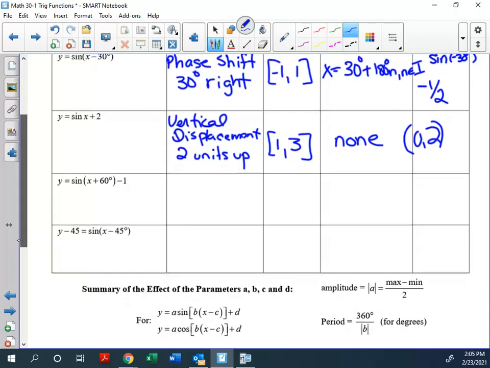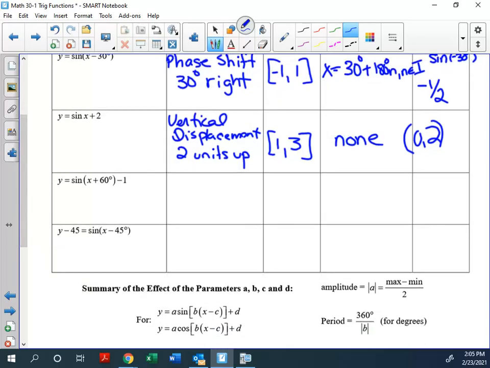All right, let's put it together, and what have you got? What is happening? First thing we say, we've got a phase shift. Left, 60 degrees. Vertical displacement.